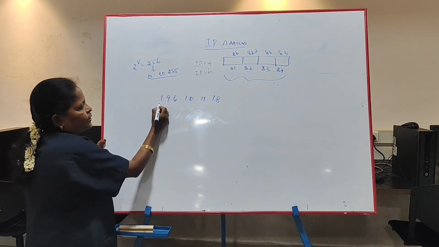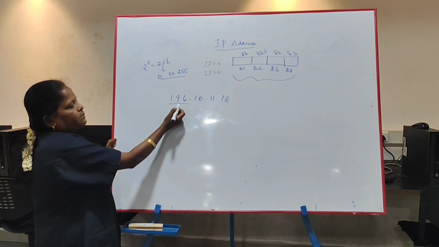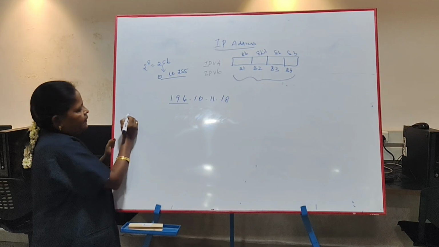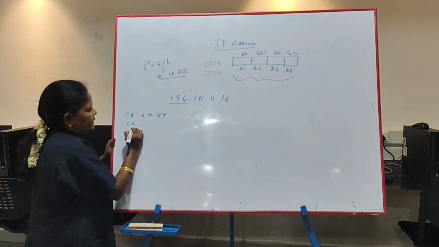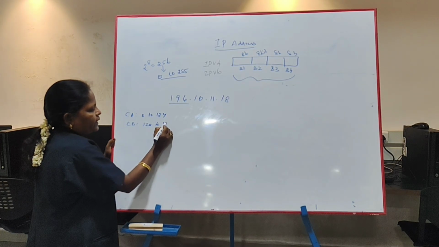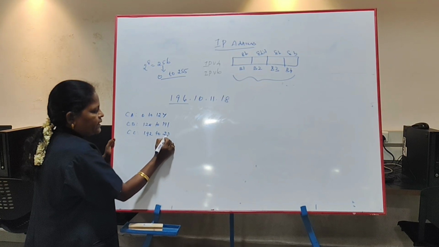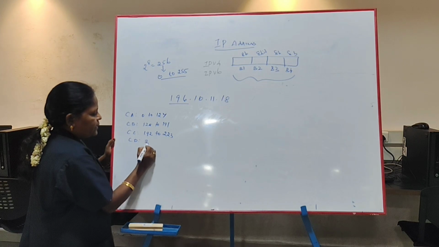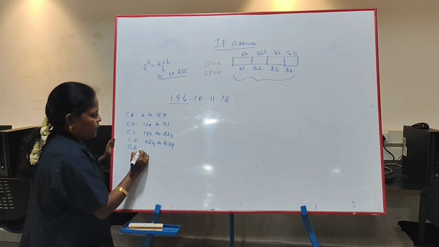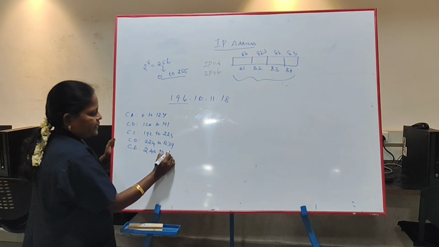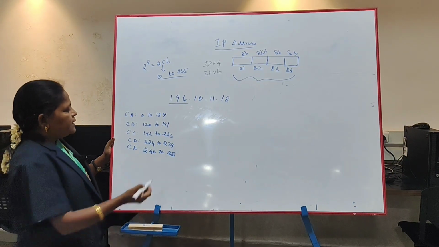So you should identify whether it is class A, class B, class C, or class D. Class A is 0 to 127, class B is 128 to 191, class C is 192 to 223, class D is 224 to 239, and class E is 240 to 255. The total number of values is 256.